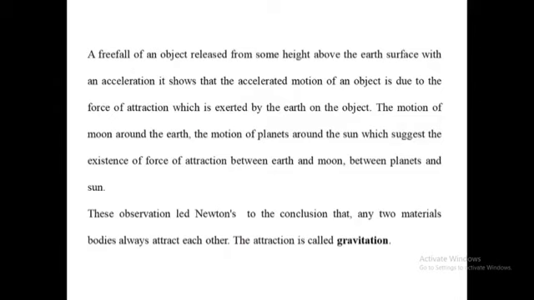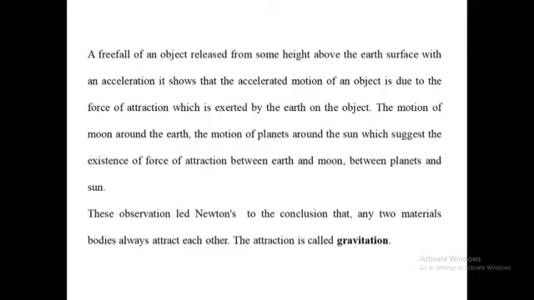Now, any object released from some height above the Earth's surface shows accelerated motion. The accelerated motion of an object is due to the force of attraction exerted by the body on that object.